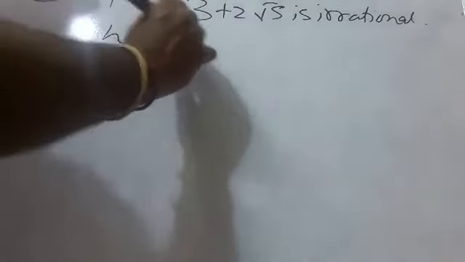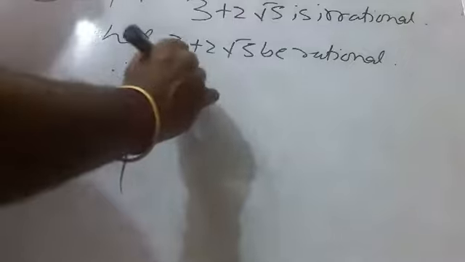So here the next question is, prove that 3 plus 2 root 5 is irrational. So let 3 plus 2 root 5 be rational.